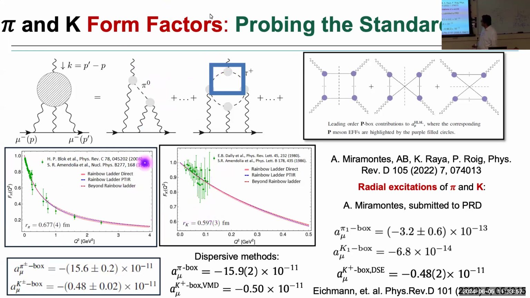So now that we understand it quite well, we tried to calculate the contribution of these computations to the anomalous magnetic moment of the muon. And what we found, within the error bars, is quite compatible with what you can find with dispersive methods or lattice QCD.